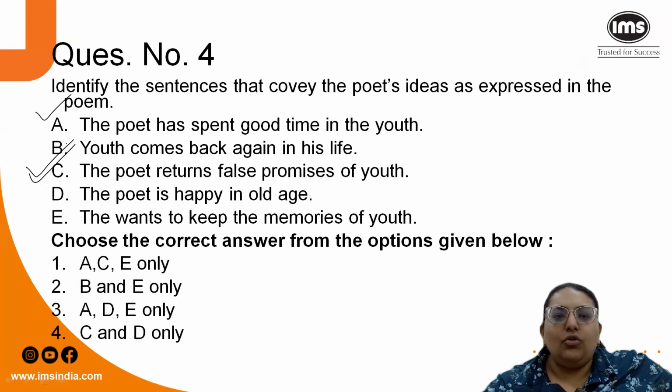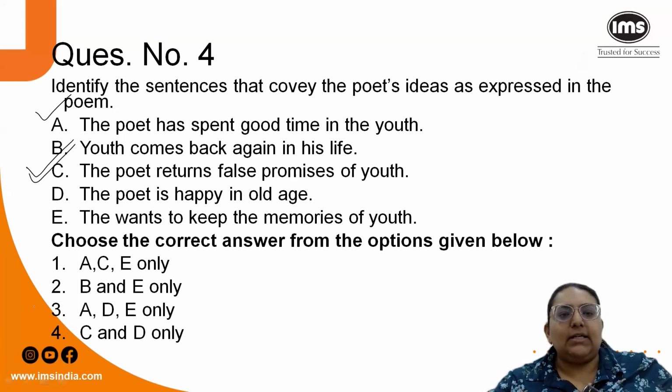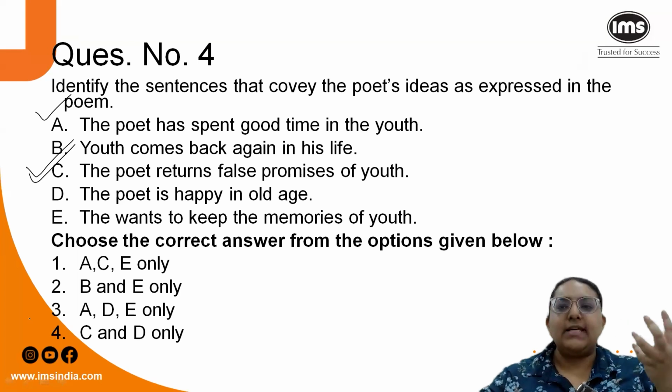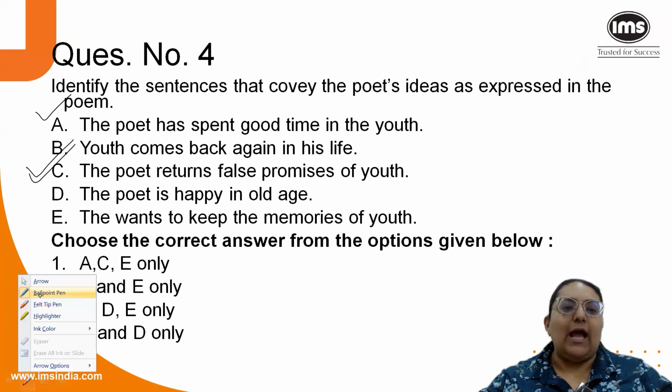No, we don't know whether he is happy in old age or not. We don't have any information about his old age here, so this will be ruled out. And the poet wants to keep the memories of his youth. Yes, because basically the poet asks youth to always keep that memory of the time when they were both happy.